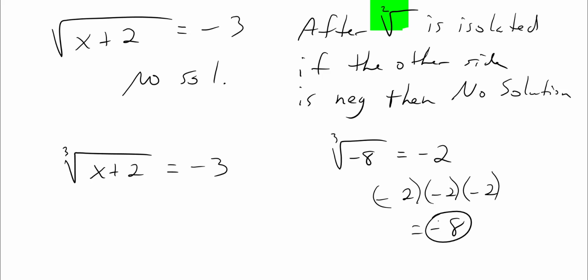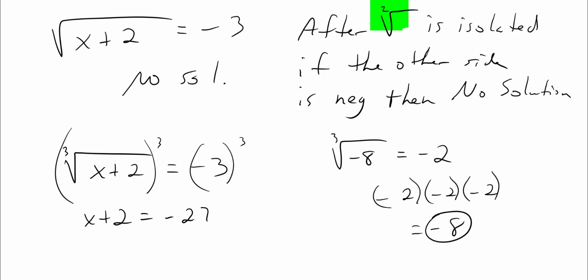Okay? So I'm going to cube both sides. And that just gives me x plus 2. -3 cubed, put it in your calculator, is -27. Okay? And then I'm going to subtract 2 to solve, and I get x equals -29. And that's okay.